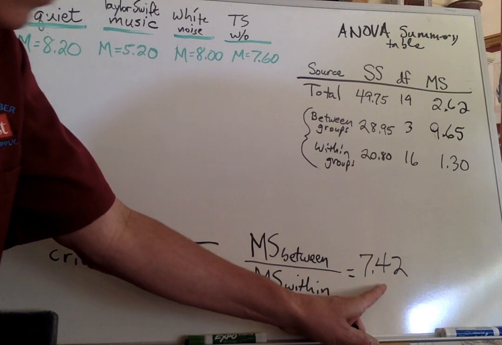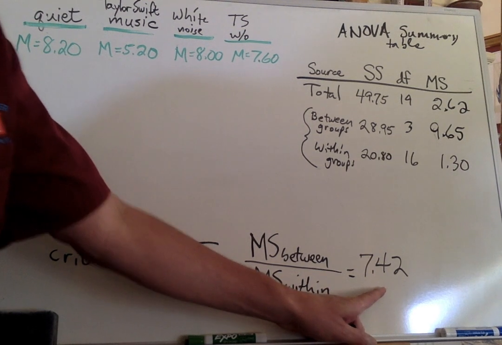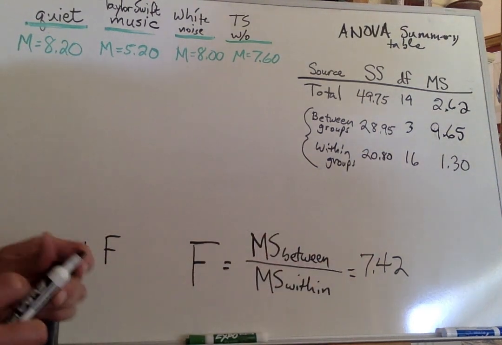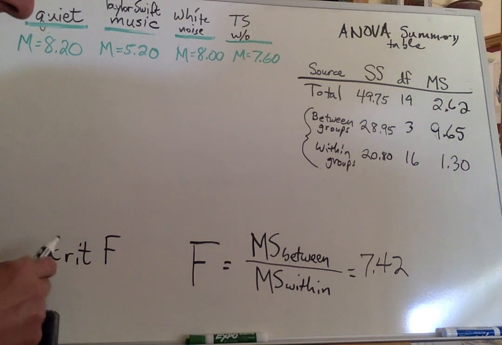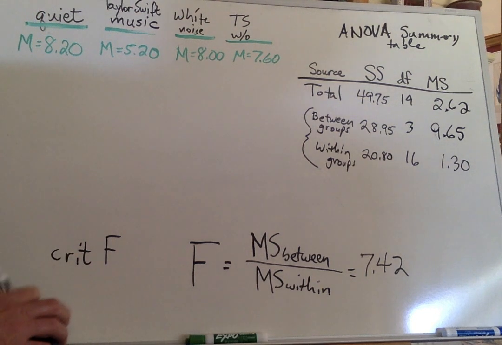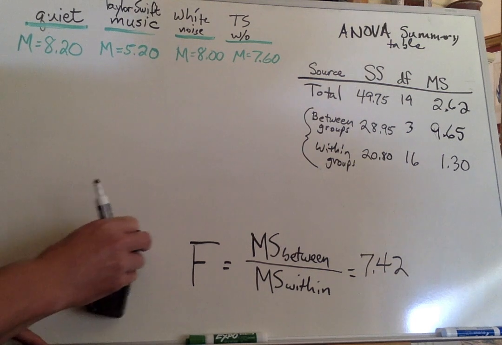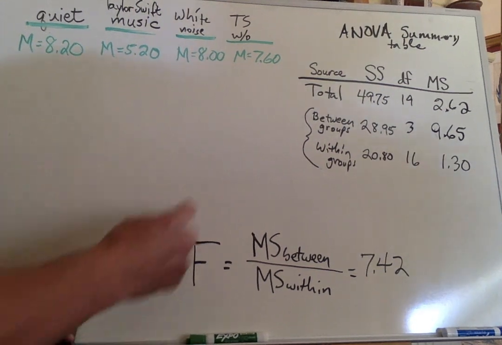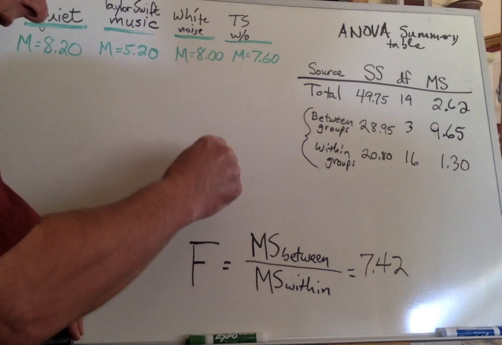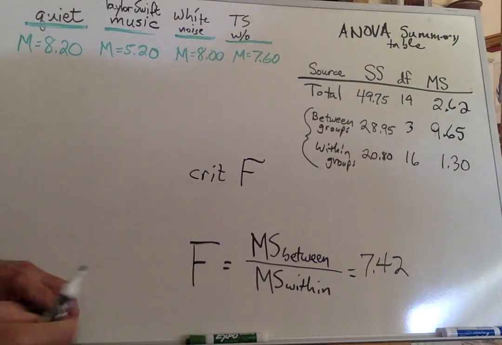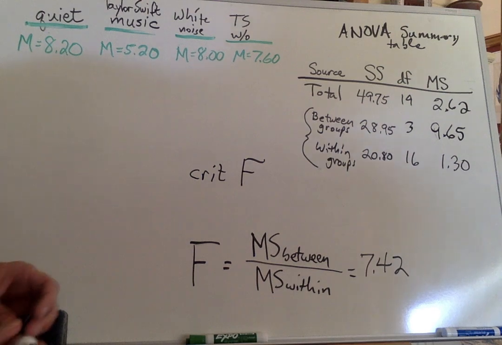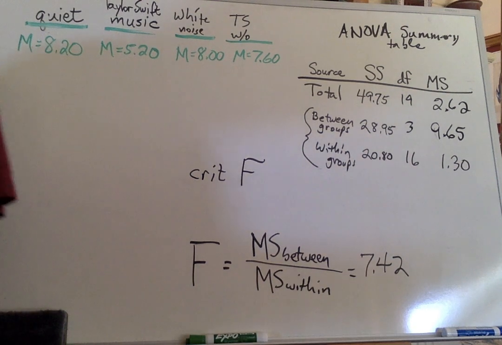So we have a value of 7.42, and I'd mentioned, hopefully you have your book with you, that we need to find the critical value for our F ratio in this case, and the critical value is found in the analysis of variance table in the back of your book.